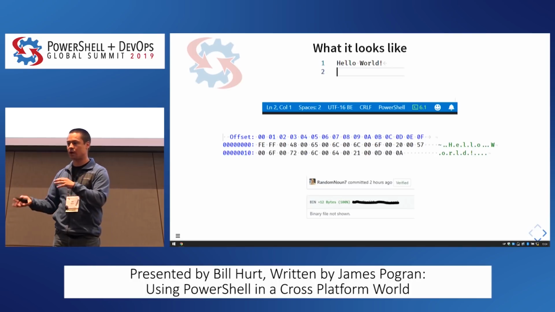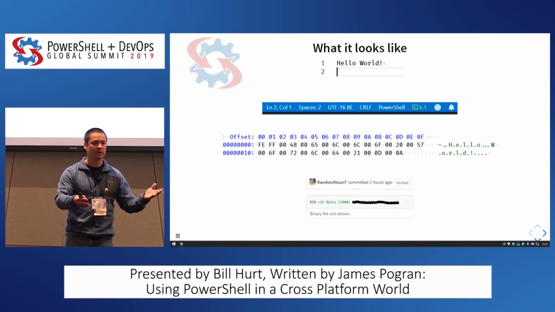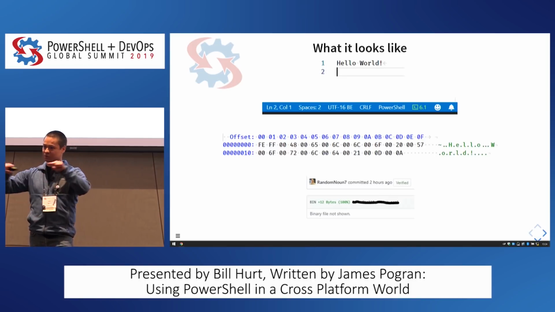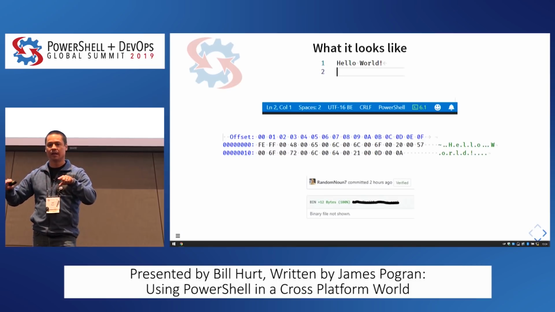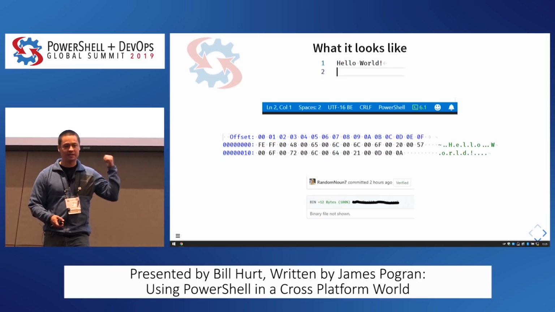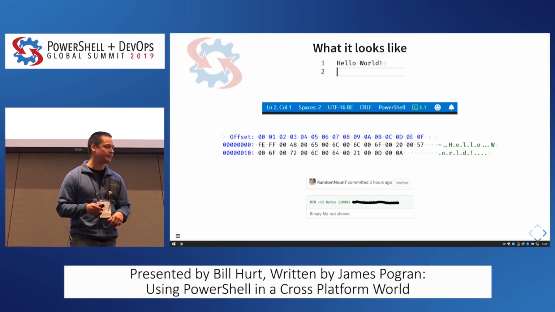When you start to do cross-platform workflows, a lot of times you're talking about Git workflows. And Git has issues with UTF-16. If you change 2 lines in a file and you try to do a Git diff, it's going to say, nope, that's binary. Well, I can see clearly that it's not binary, Git, thanks. Well, it's because it's UTF-16, and it doesn't really know what's going on with that.